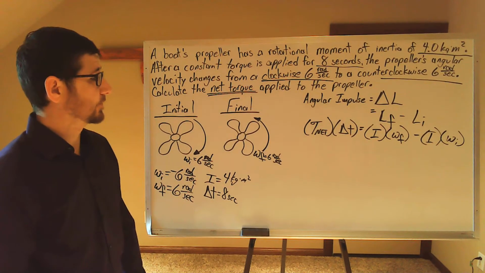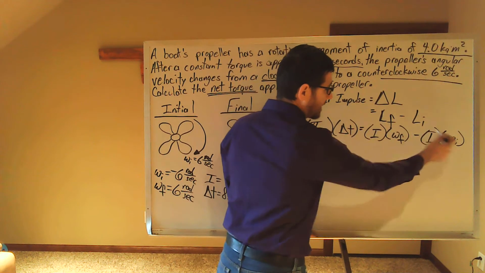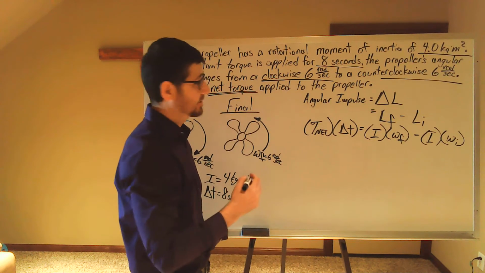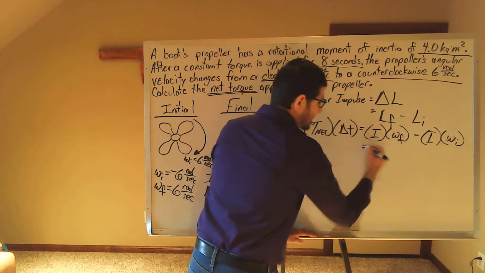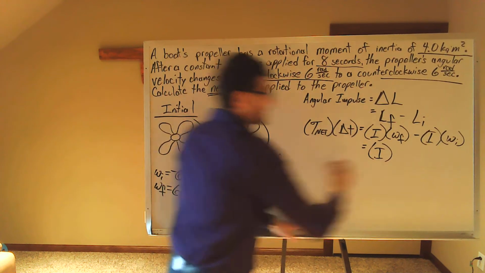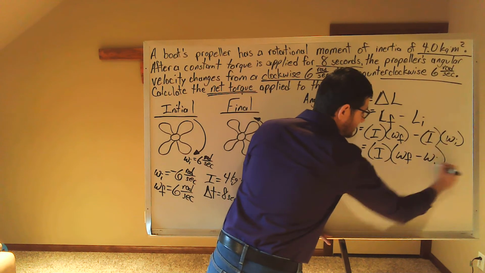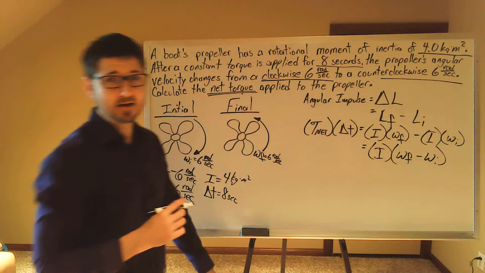Okay, so what we have here, we should go ahead and factor out our moment of inertia. So on the right-hand side of the equal sign, when I factor out moment of inertia, this is going to be multiplied by the final angular velocity minus the initial angular velocity.